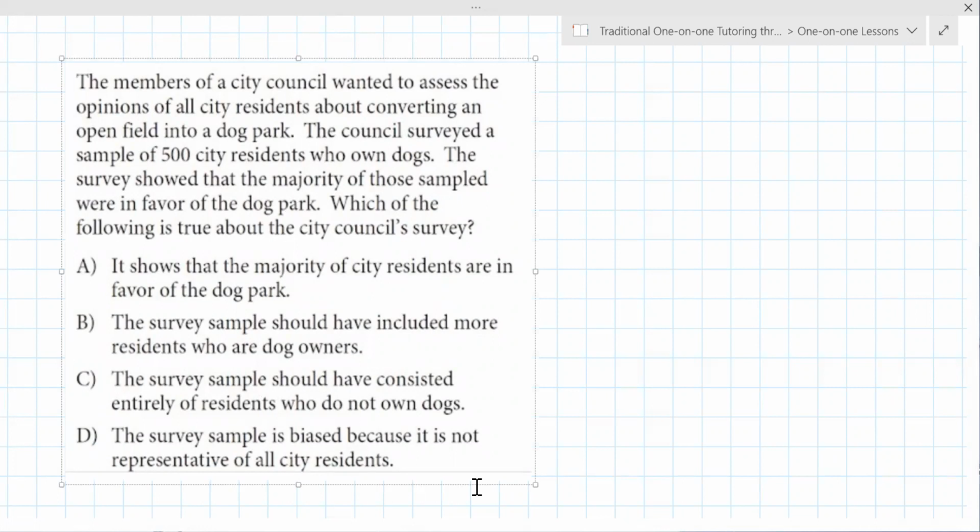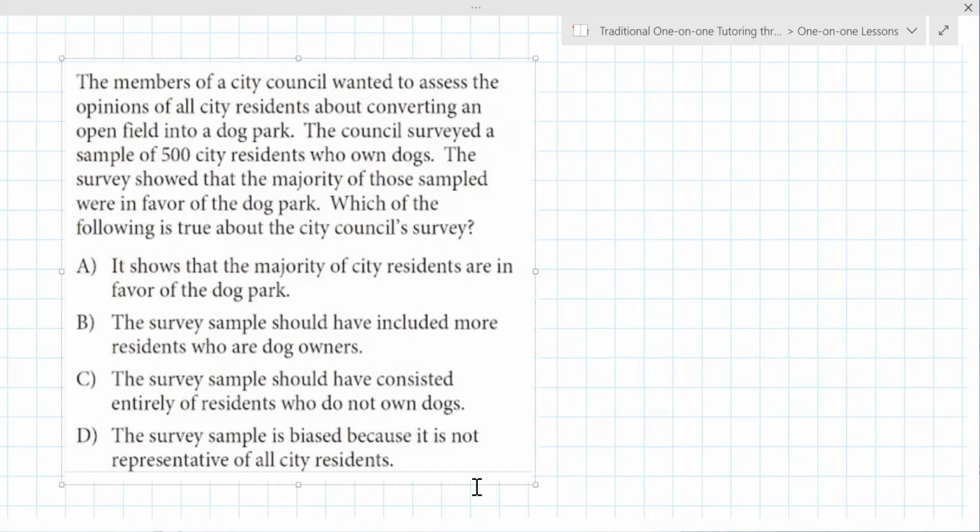The members of a city council wanted to assess the opinions of all city residents about converting an open field into a dog park. The council surveyed a sample of 500 city residents who own dogs. The survey showed that the majority of those sampled were in favor of the dog park. It shows that the majority of the city residents are in favor of the dog park.